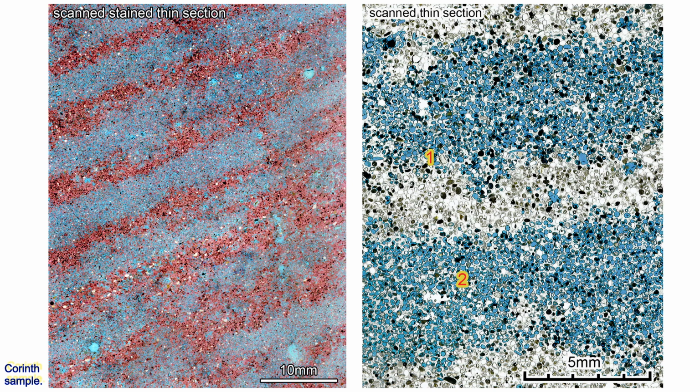The left stained image shows red-stained lamina composed of calcite, alternating with mauve lamina composed of red-stained calcite and blue-dyed epoxy-filled pores.